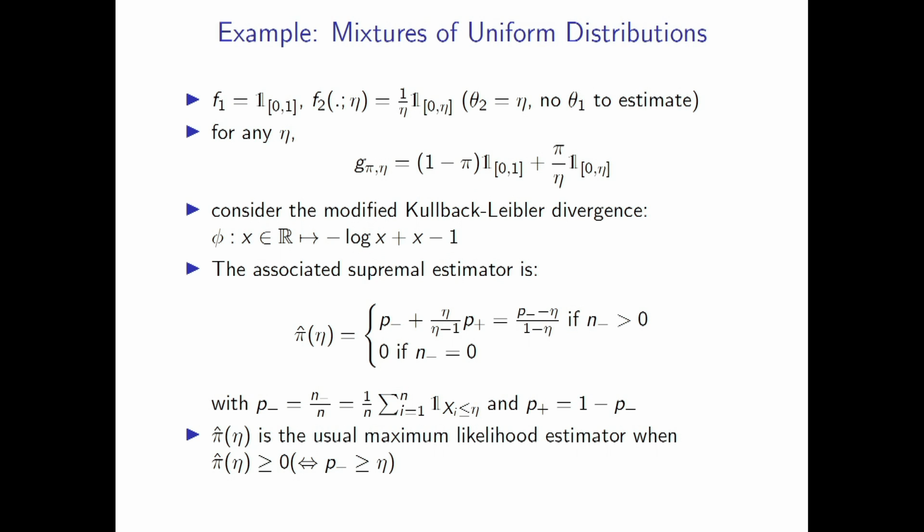I didn't say that C star is related to eta, and we do not know C star, so we have to estimate eta. That's like estimating C star in my scenario. An interesting point is that we do not constrain pi to be positive. In this context, with the Supremal estimator, there is no reason to do so. So it can be negative. If we constrain it to be positive, this is just the maximum likelihood estimator.